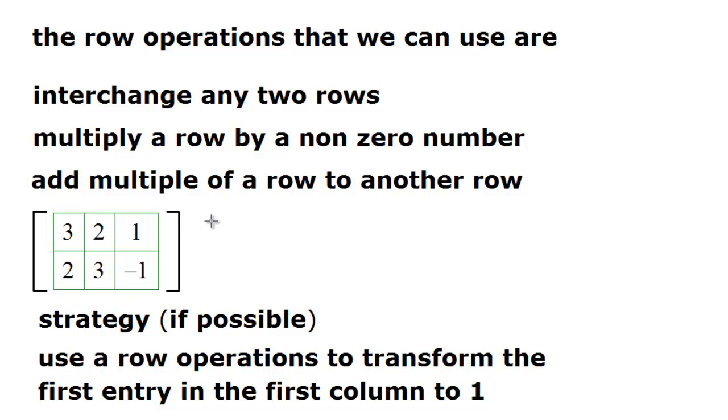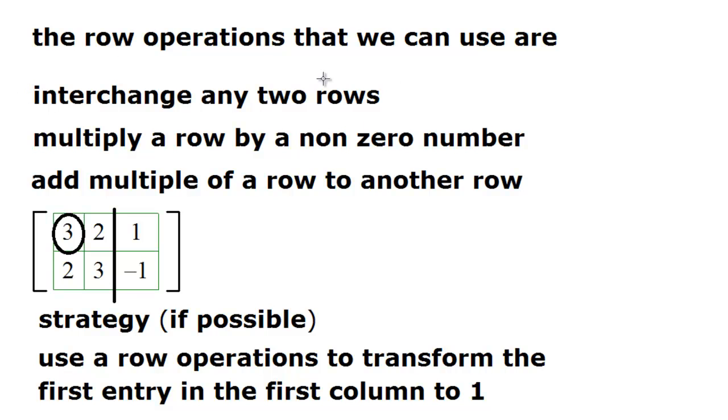So this is our augmented matrix. Okay, let me just make the line here just formally. Okay, and if possible, one of the good strategies is to take up the first element of the first column and transform it to 1. That is, we would like to have a 1 in place of 3. And these are the operations that we are allowed.